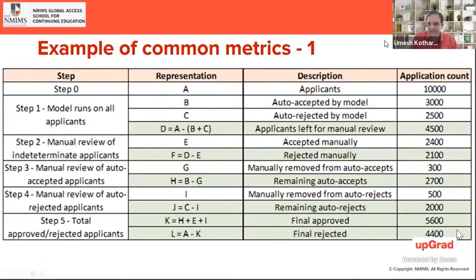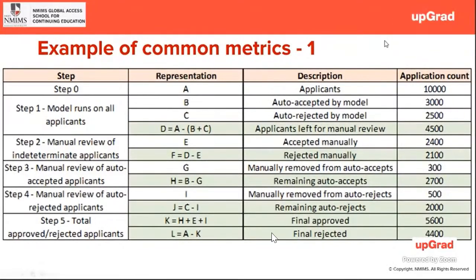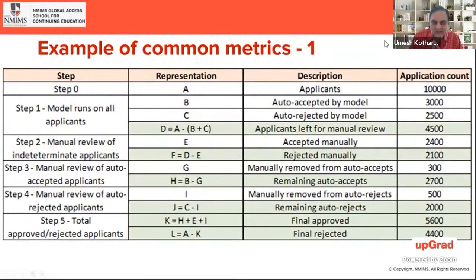It is 5,600 divided by 10,000. It will never be 3,000 divided by 10,000, because we are taking the final approval here. Same for the rejection, we'll have 4,400 divided by 10,000. Room 2, clear: 56% and 44%.